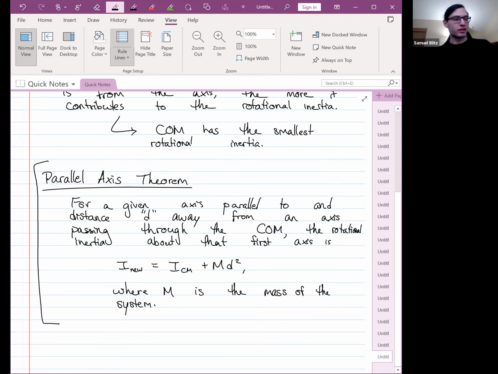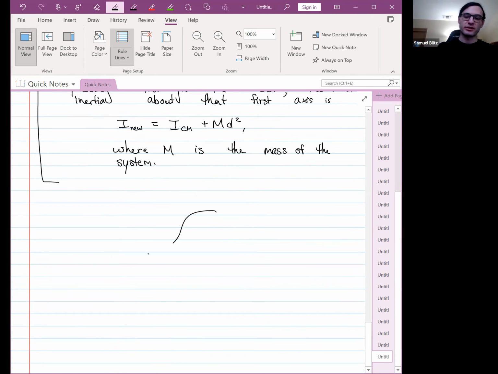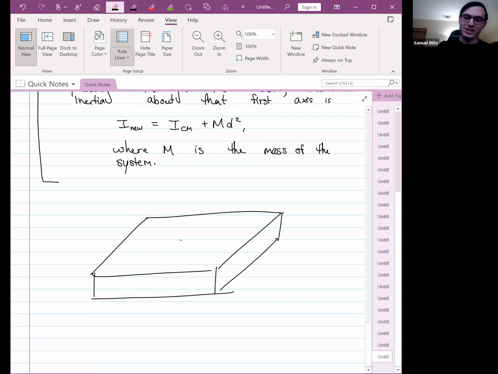So the picture, and I will do my best to draw this, but let's say you have an object. Actually, it'd be better to do a rectangle or a rectangular prism. So let's say this is the center of mass, right here. Whatever the moment of inertia is through that axis, we would want to find, so that's one axis.